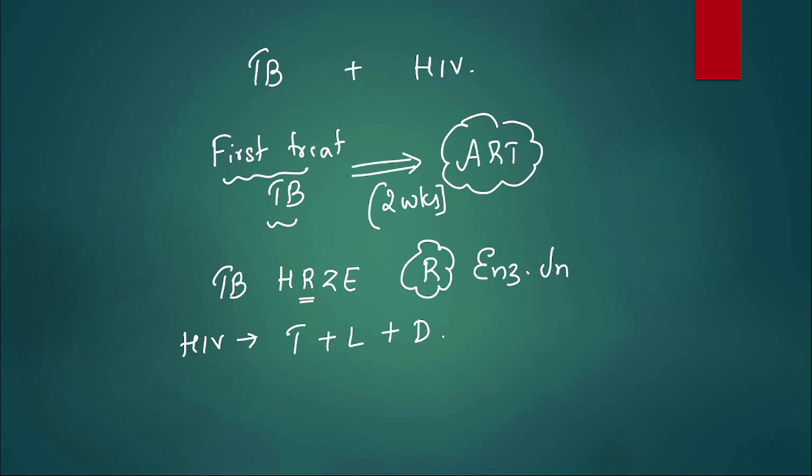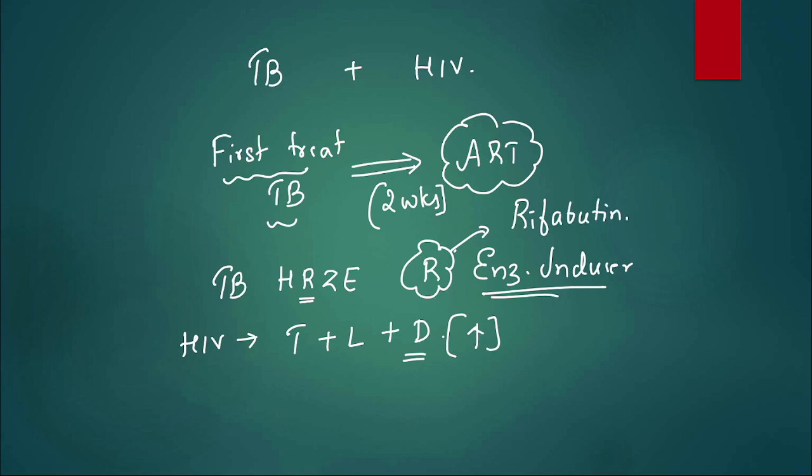So what can I do? Two things. Enzyme inducer can reduce the levels of dolutegravir. So what I can do is I can increase the dose. So increasing the dose will help. Or instead of rifampicin, you can change to a less enzyme inducer, that is rifabutin. So this can be done.